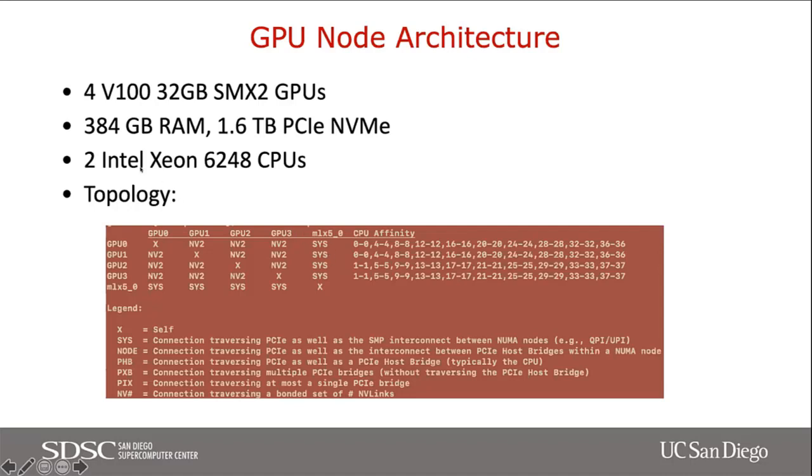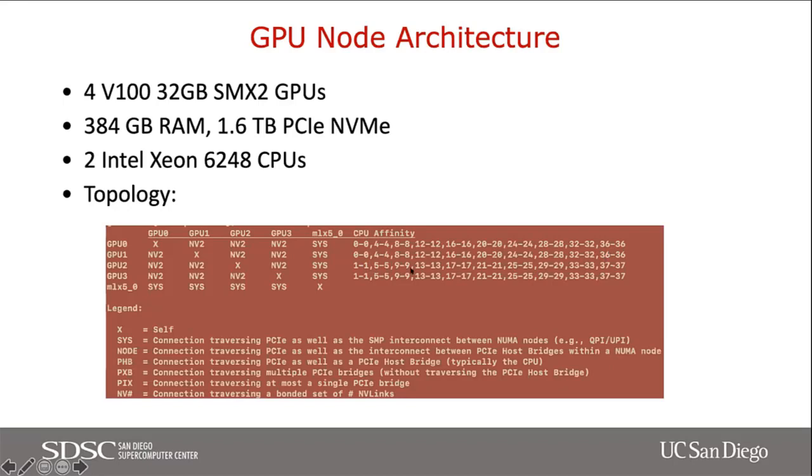And the processors on the node are Intel Xeon 6248s, which are basically Cascade Lakes. And if you look at the topology, you can see that the 4 GPUs are split between the 2 sockets, and the numbering is odd-even, in terms of all the even numbers are on one socket and the odd numbers on the other socket.